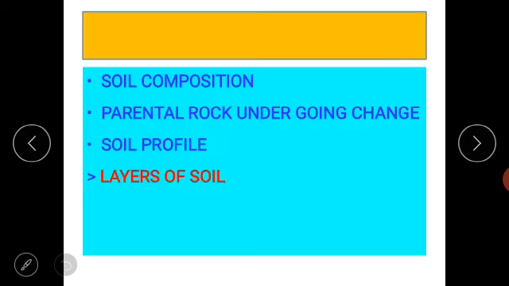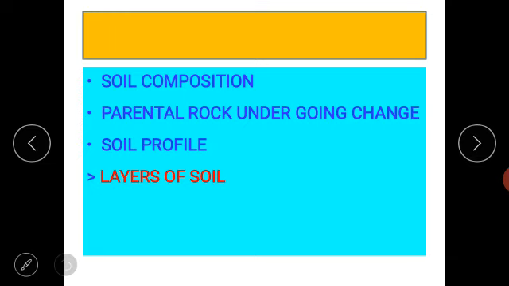Okay, let's have a glance over what we have studied in the previous lecture. In the previous lecture we studied the soil composition: the formation of soil, and then after the formation of soil, what is the composition of the soil? Soil possesses particulate matter which can vary in three types.